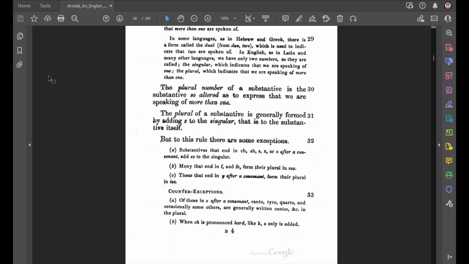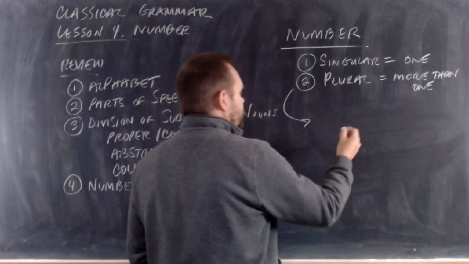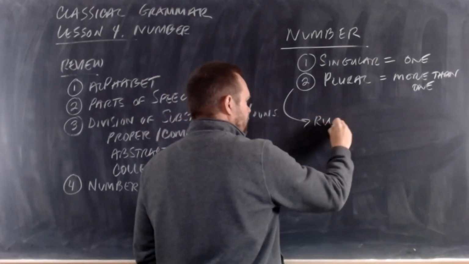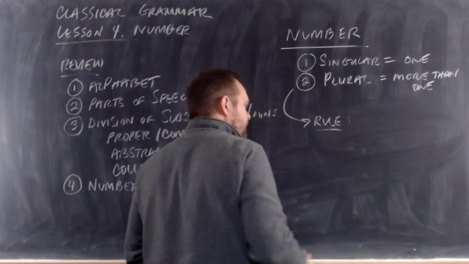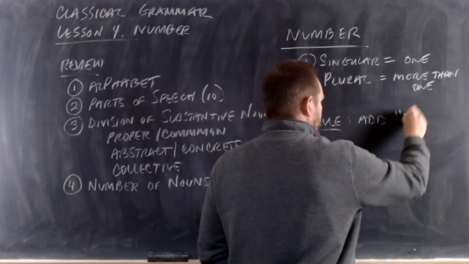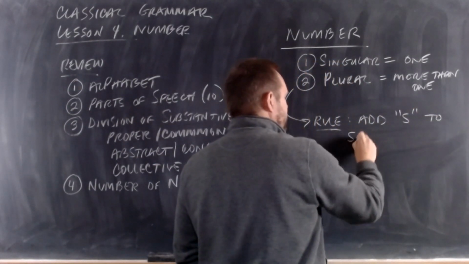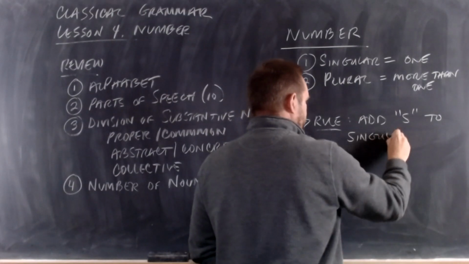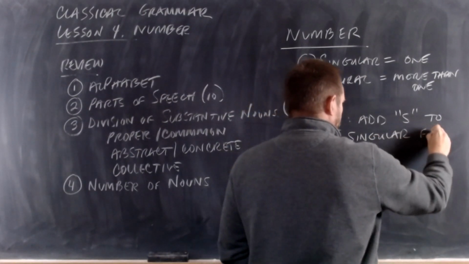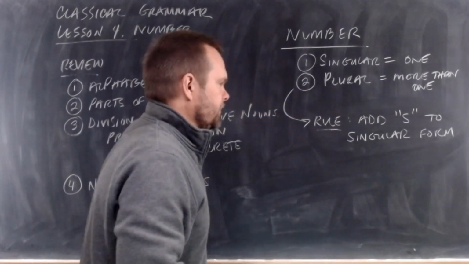So first of all, to express the plural number, the simple rule, the general rule, is to add s to the singular form. There's nothing mysterious about that.